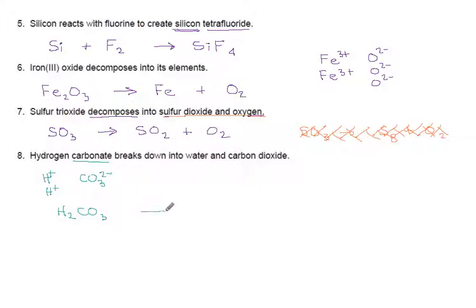And then they tell us that breaks down into, if they said elements, we'd have to write H and C and O all separately. But they're telling us it breaks down into water, and we know what that is, and carbon dioxide, which means a carbon and 2 oxygens. Good.